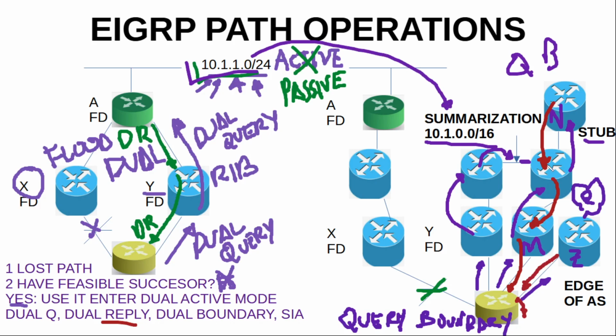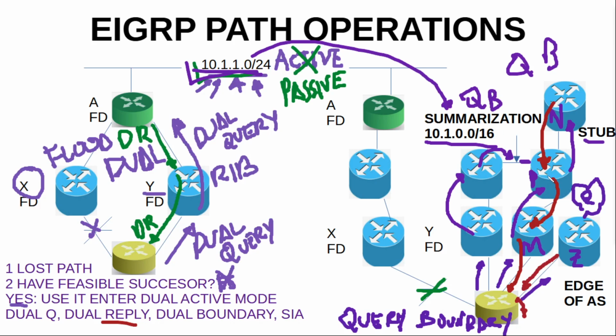However, this router, let's say P, says that it doesn't have anything related to this prefix. So as this is a summarization interface, the process ends there because summarizations are also query boundaries.